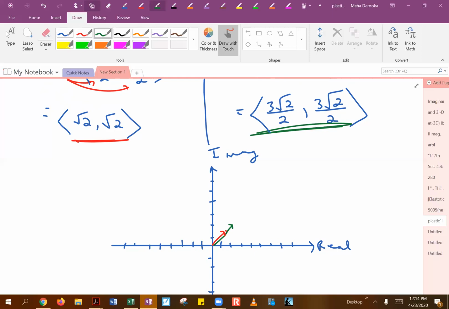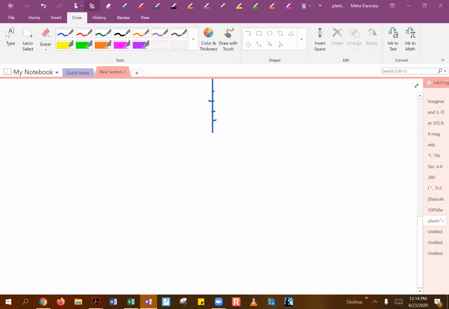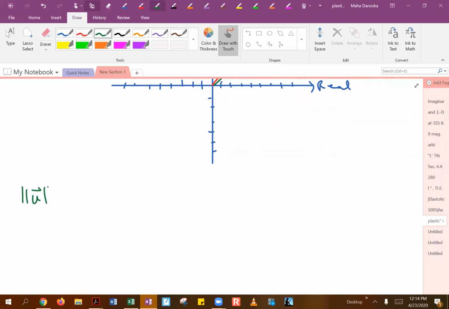Now, when we are talking about the product, we will need to do the magnitude for each one of these vectors. So remember, magnitude calculation is basically your absolute value calculation. So the magnitude for vector u is basically going to be square root of 2 squared plus square root of 2 squared, right?